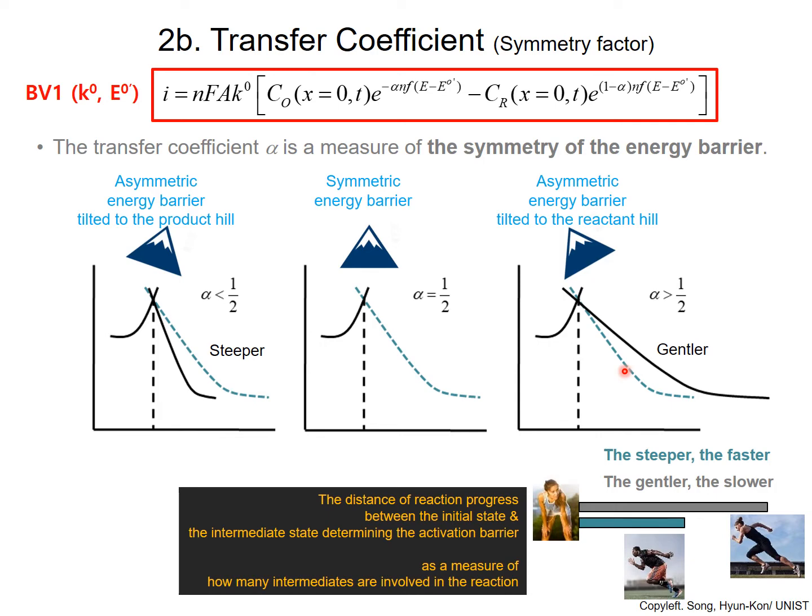What is the physical meaning of the steeper and gentler slope of the right hill of the energy barrier mountain, or reactant curves?